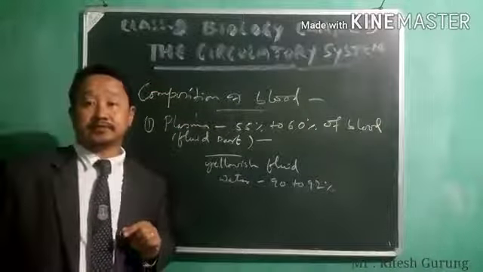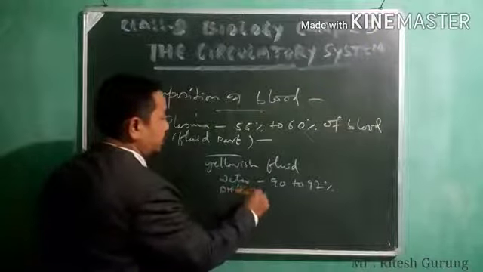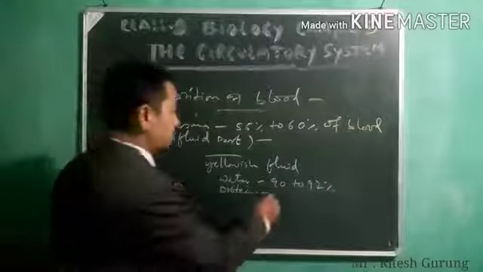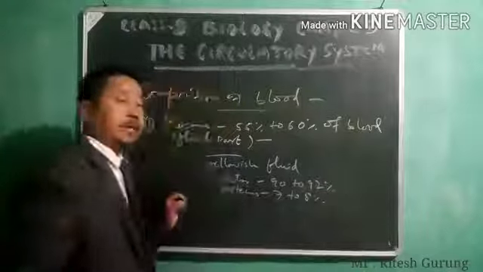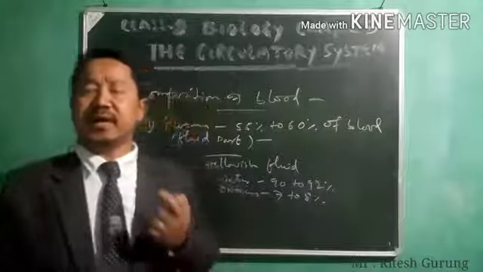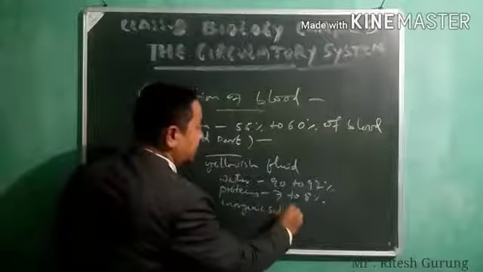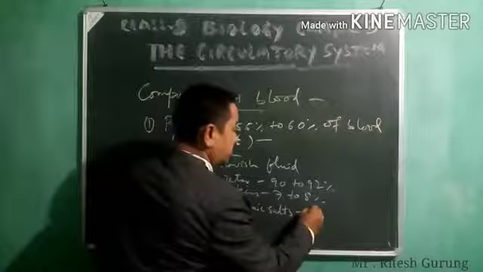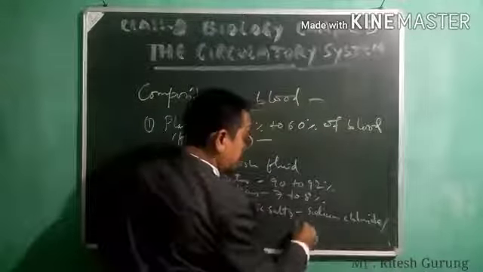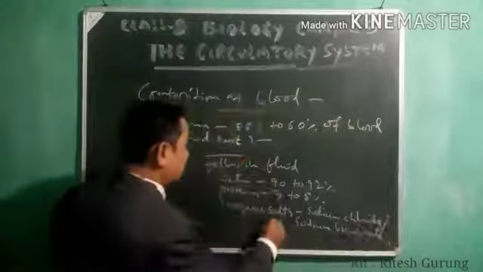Then you find proteins, about 7 to 8%. Then you also find some other substances, like inorganic salts or inorganic substances, such as sodium chloride or sodium bicarbonate, about 1%.